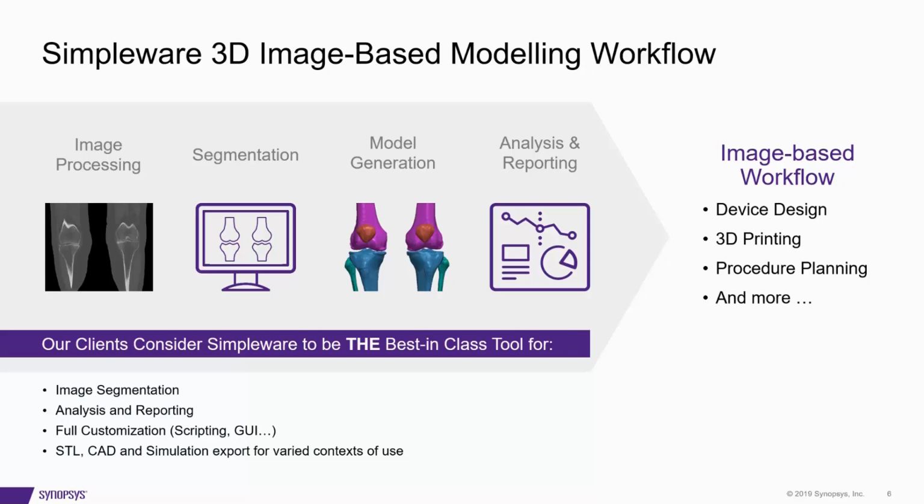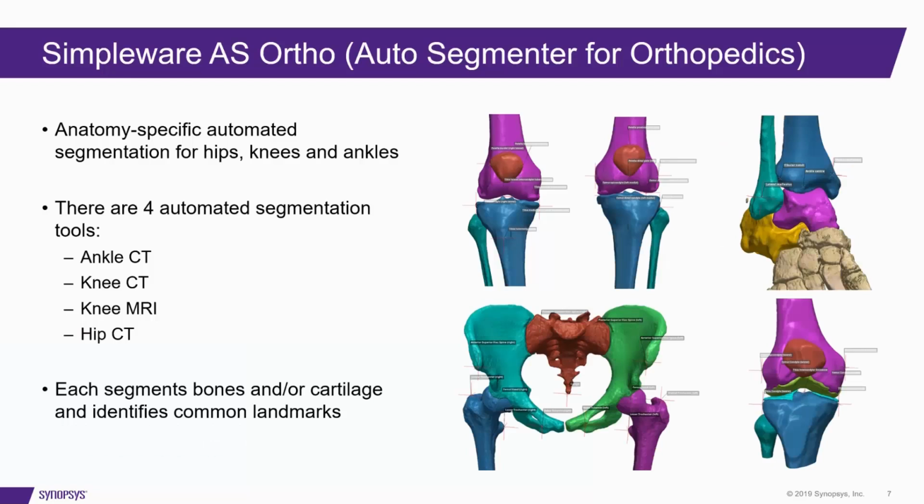design process. Now, at Synopsys, we've been working with customers in patient-specific device design for some time, and we soon identified the need for an automatic segmentation tool. This is by far the biggest bottleneck in the process. So we've developed a series of auto segmenters specifically for orthopedics.